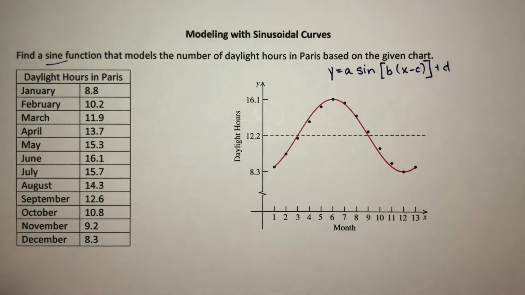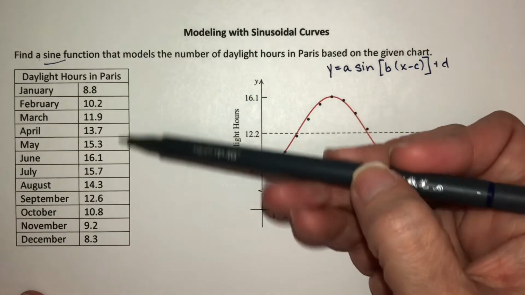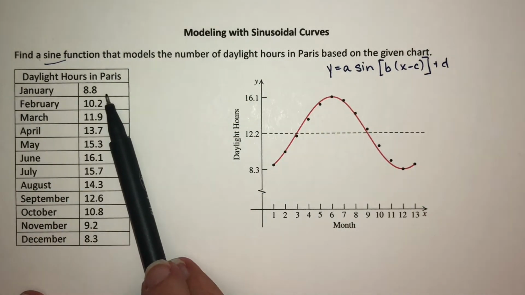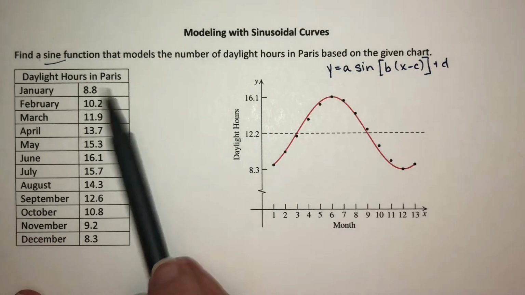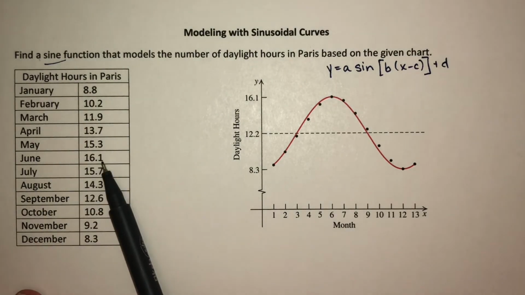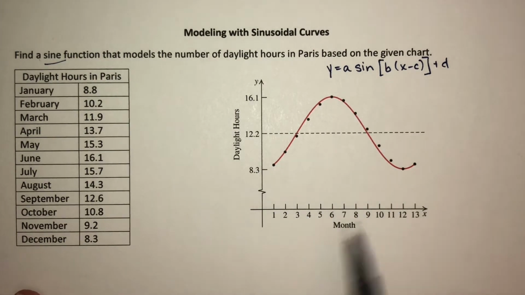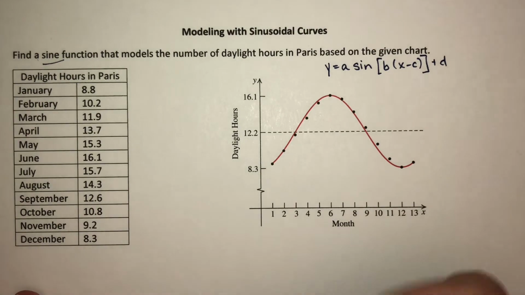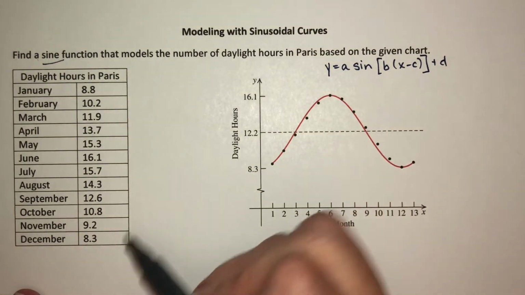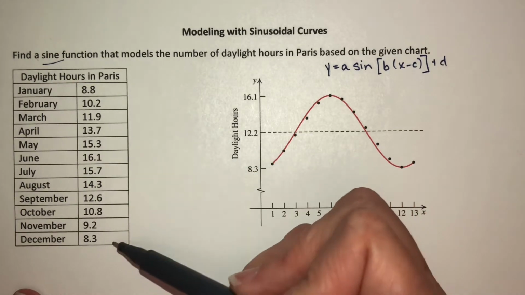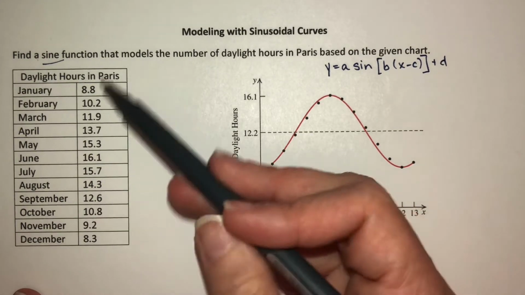What they've done here is plot these values. In January, they get 8.8 hours of sunlight, in June, 16.1, and so on. They mark this, and you can see it is the same basic shape as a sine or a cosine graph. What we need to do first is find the highest and lowest values of y.